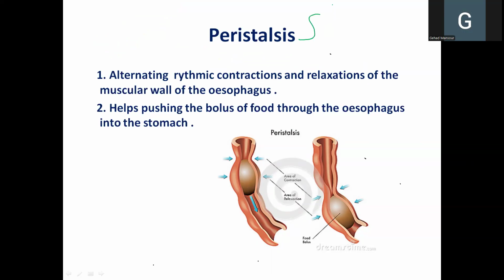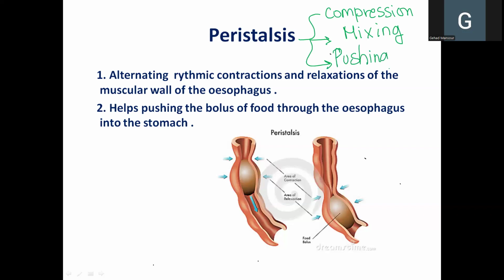But mechanical digestion through what? First of all, by compressing the food. When the muscles contract, they compress the food and convert it into smaller particles, and then mixing the food with the digestive juices, but more importantly, sweeping down food or pushing down food.